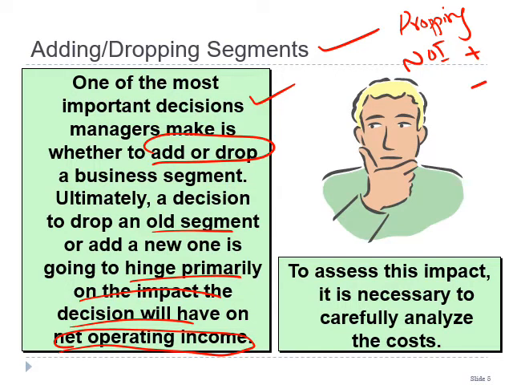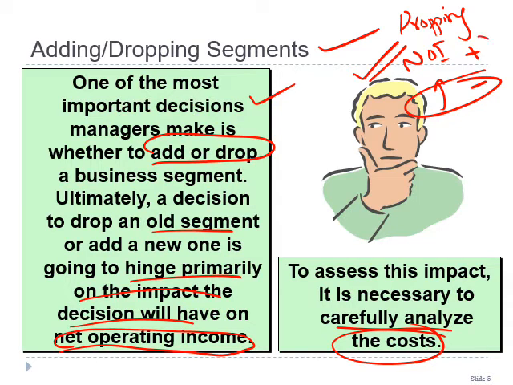If negative, then by dropping it we would be increasing our loss, so we keep it. To assess the impact, it is necessary to carefully analyze the costs, because one negligence can cause confusion and lead you to a wrong decision, which will hurt your profitability.